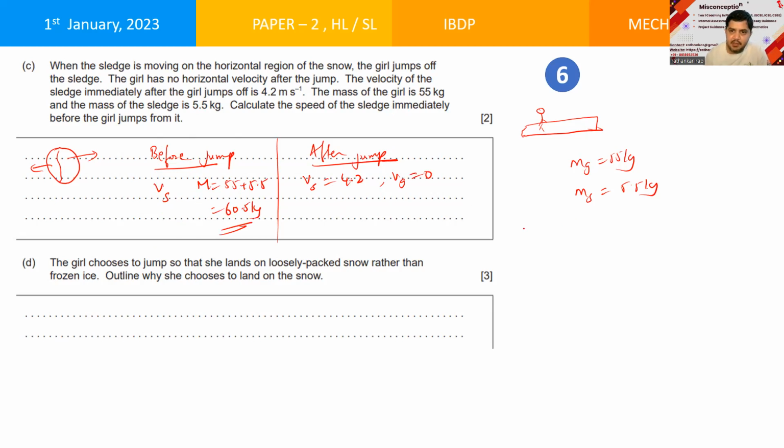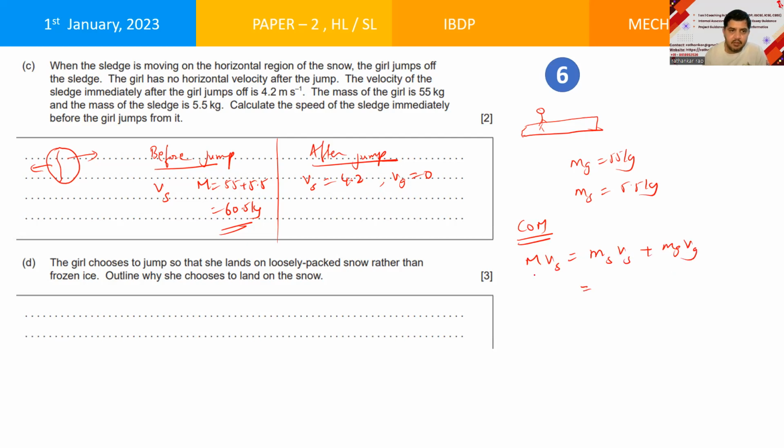Now let us apply your COM. What does your conservation of momentum tell you? Momentum before jumping, which is m times Vs, is equal to momentum after jumping. What is momentum after jumping? It is m sledge V sledge plus m girl V girl. V girl is 0.